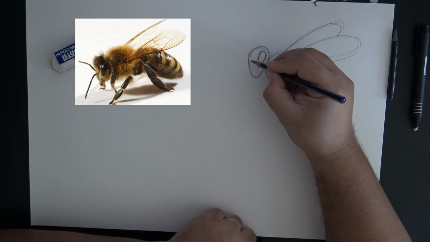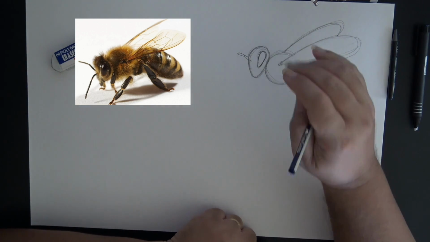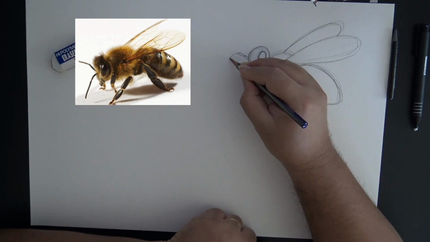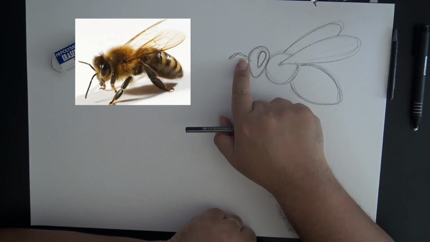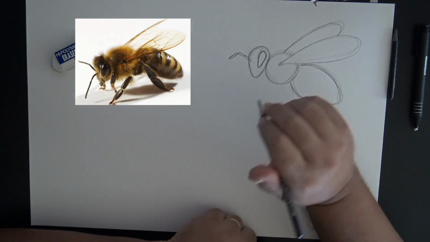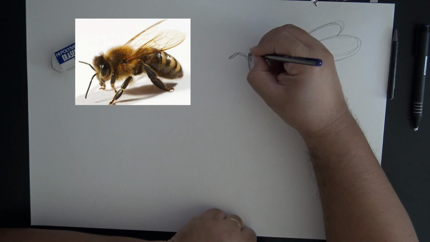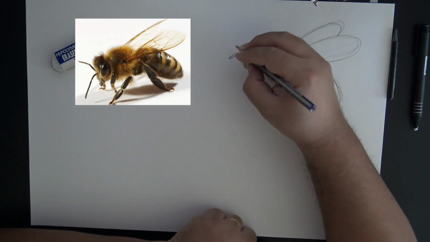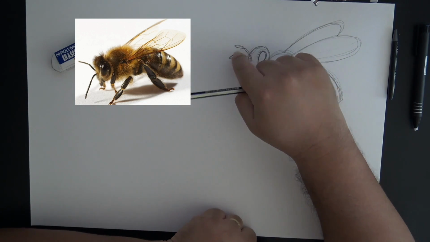And right in the middle of the eyes we have these little nodule things, these skinny thin ovals, like rods sticking out, and that's the antenna. So these rods stick out from the center of the bee's head. We'll just go ahead and connect them with these little ovular shapes.